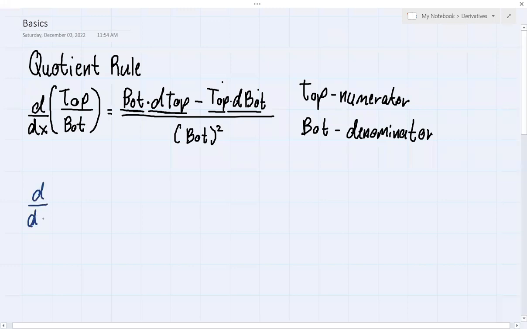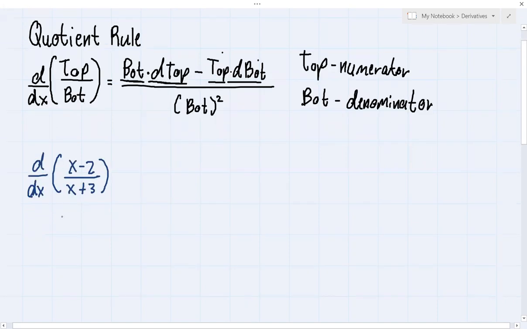So let's just say we have this one. The derivative of x minus 2 all over x plus 3. So in here, we will use quotient rule pa rin. Okay? So we have top, which is x minus 2. Then your bottom, which is x plus 3. Okay? Kunin natin yung derivative ng top mismo.